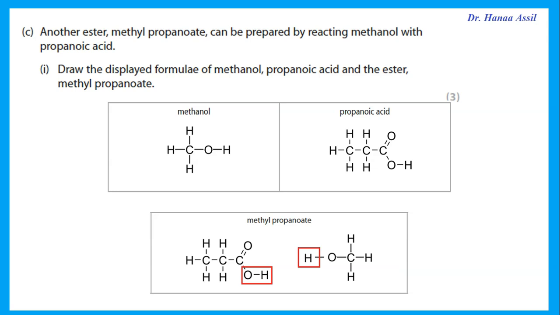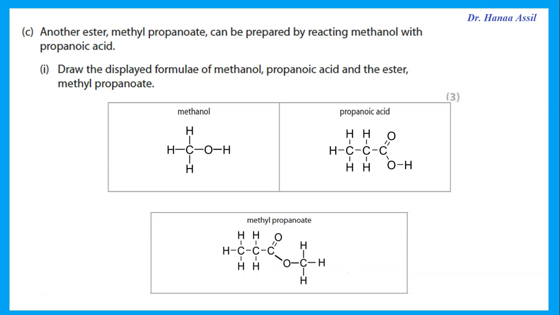Can you see what I'm doing? And you join directly from the carbon of the C double bond O to the oxygen of the alcohol. So we join directly. This is the ester. This is how we draw an ester. Please learn this. It's very important.